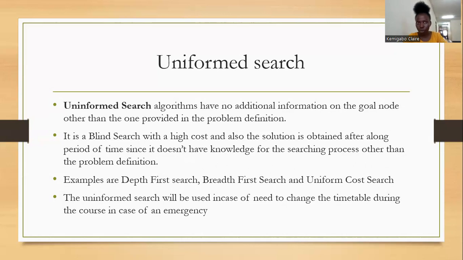The end node, the goal state, is not known to it, but it goes through a number of processes as it searches for it. It is a blind search with a high cost, and the solution is obtained after a long period of time. We're going to use breadth first search and depth first search, going through a number of stages to get to the goal state.